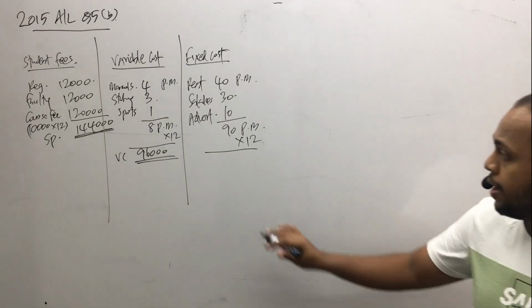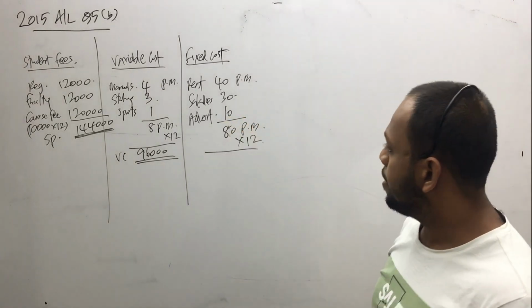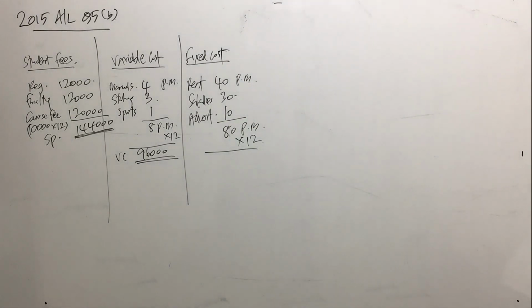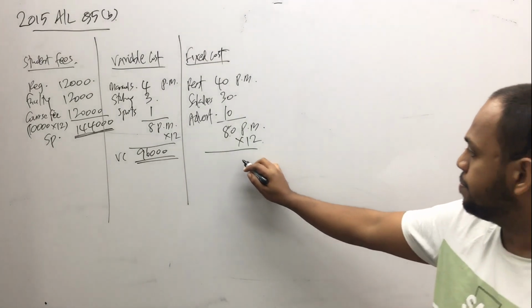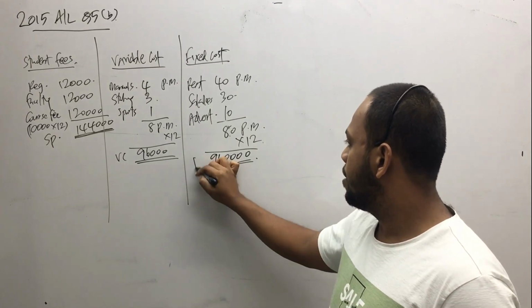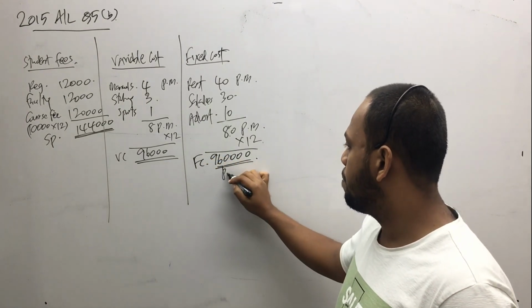It's 80 into 12, 960. 960 is the fixed cost per annum.